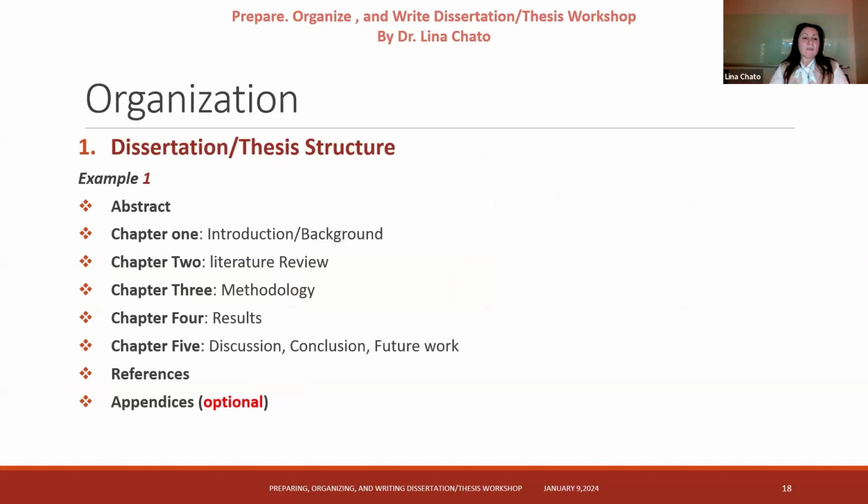After we know all the details about the dissertation, before we start, you must first know what the dissertation and thesis look like. Organization is important to know as the first step before you start your project.